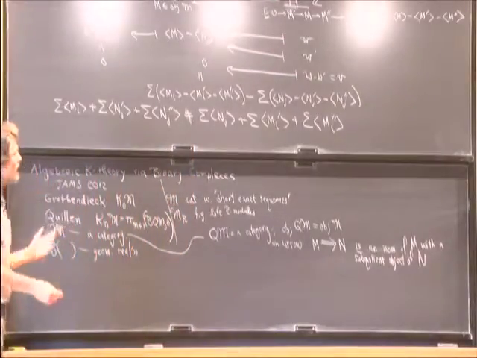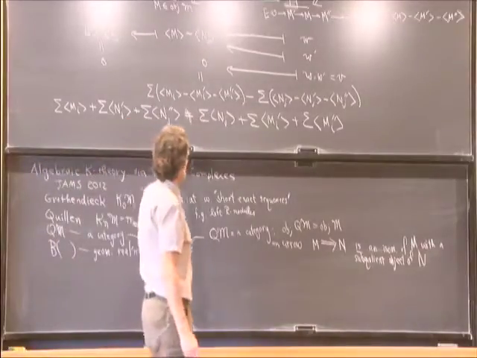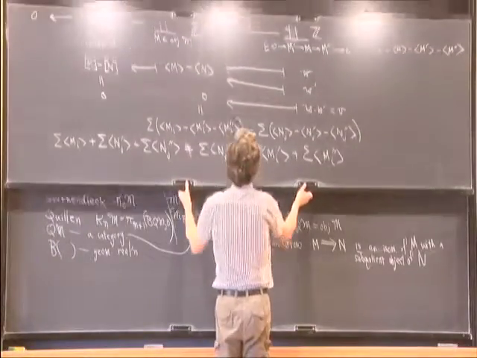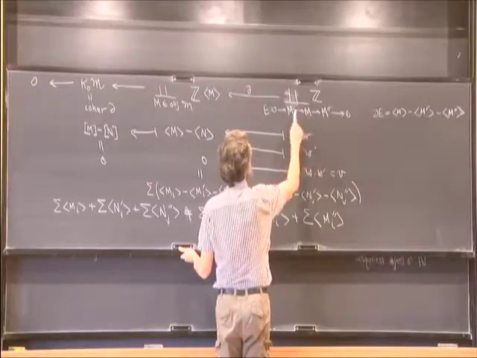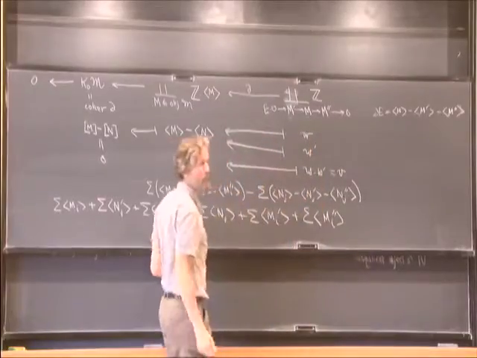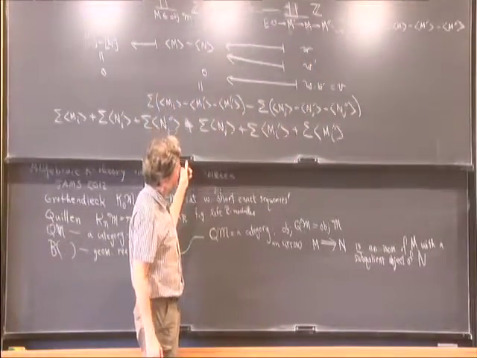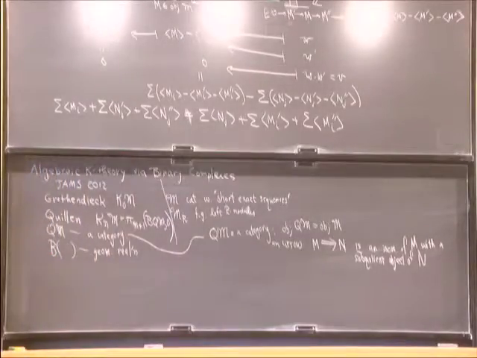Well, our category comes equipped with these things called short exact sequences. So every once in a while, you'll have an object that appears in the middle of a short exact sequence, and you'll call the thing to the left a subobject, and the thing to the right a quotient object. And a subquotient object can be viewed dually, either as a subobject of a quotient object or a quotient object of a subobject.